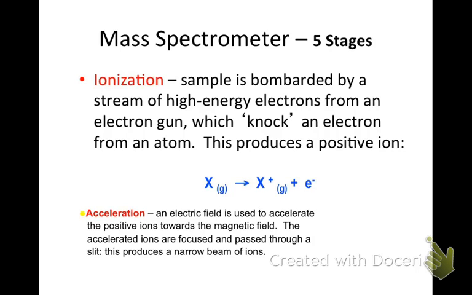That positive ion is then put through an electric field, and that accelerates the positive ion towards the magnetic field. Those ions are put through a slit in the material to produce a narrow beam of ions.